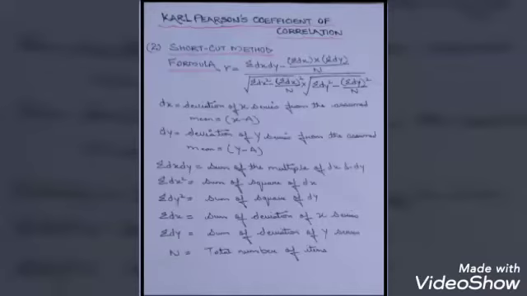So children, you have to remember this formula, where dx is the deviation of the x series from the assumed mean, that is x minus a, and dy is the deviation of the y series from the assumed mean, that is y minus a. Then sigma dx dy is the sum of the products of dx and dy. Then sigma dx square equals the sum of squares of dx, and sigma dy square is the sum of squares of dy.